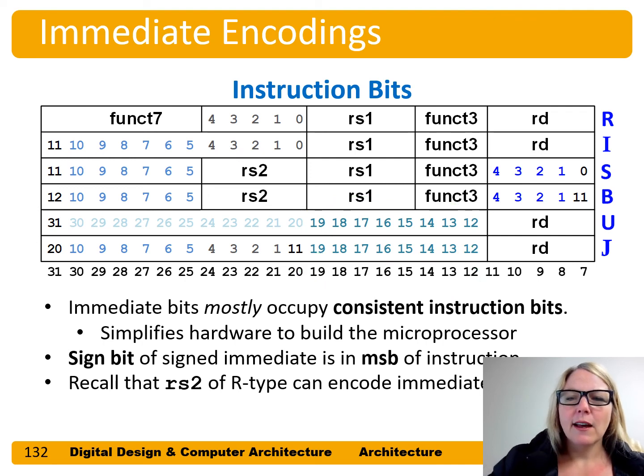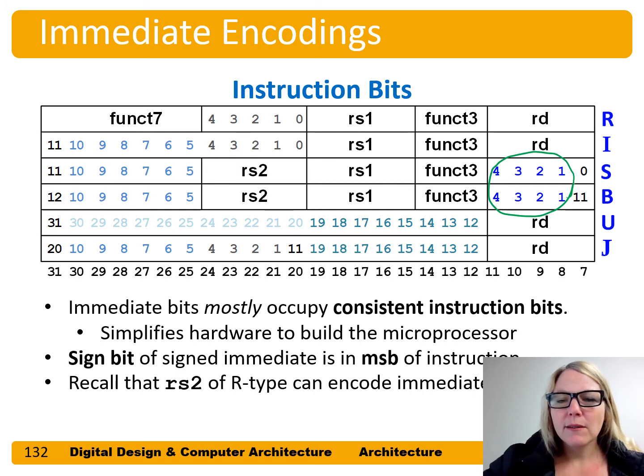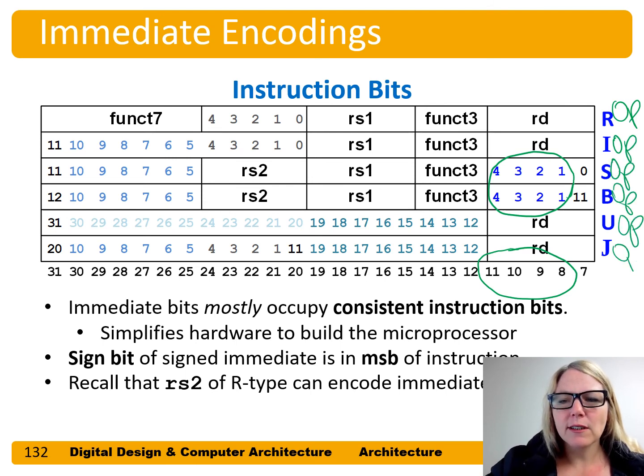And then there's some consistency here. Bits 4 to 1 in S and B type are in the same location in the instruction, bits 11 to 8. The opcode of these is not shown. Bits 6 to 0, the lowest 7 bits of the instruction, are not shown here because that's the same for all of them.